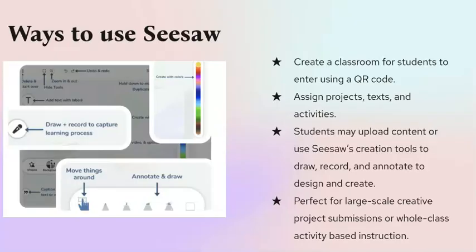Students have options, so it does incorporate student choice. Students may choose to upload content that they've created on another platform directly to Seesaw, or they can use Seesaw's creation tools to draw, record, and annotate to design and create. This is perfect for large-scale creative project submissions or whole class activity-based instruction.